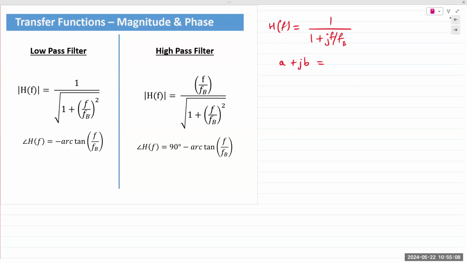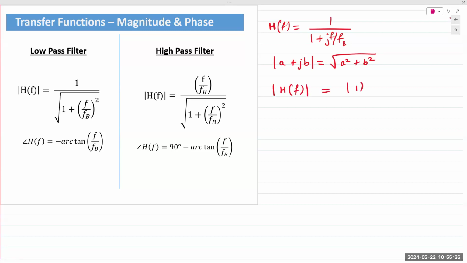So the magnitude of a plus jb is given by the hypotenuse of a right angle triangle. So it's the square root of a square plus b square, right? So if I was trying to find the magnitude of the transfer function H of f, it would be like this.